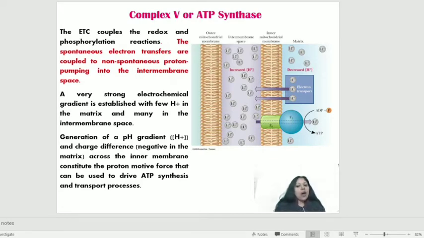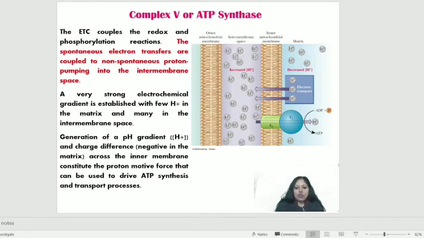How is the gradient formed? Protons are taken up from the matrix and delivered to the intermembrane space, so there is less positive charge inside and more positive outside. So an ionic gradient is formed across the inner mitochondrial membrane.